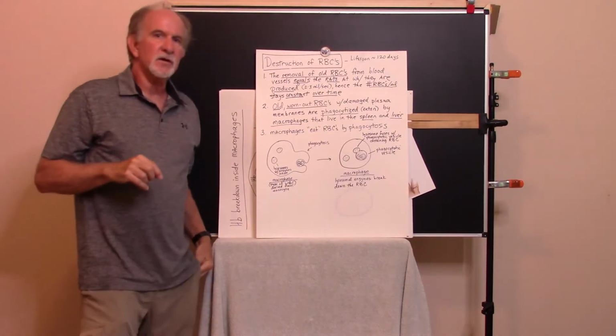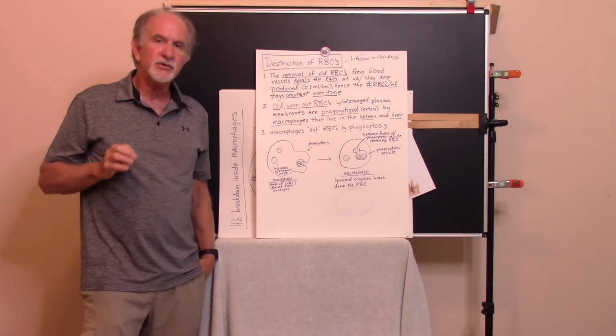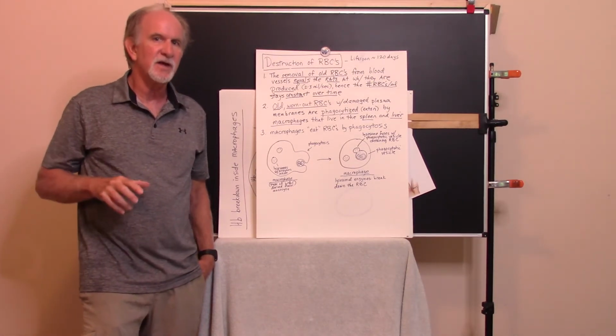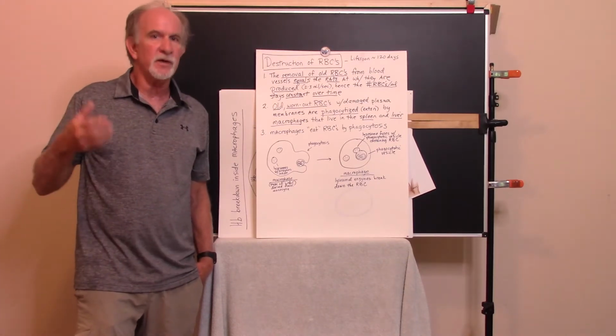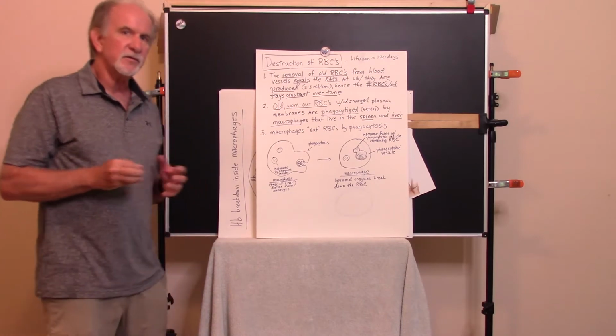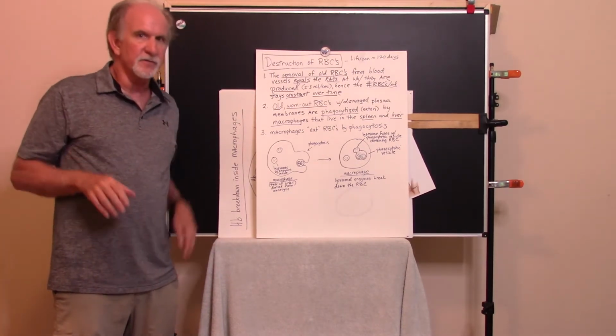Red blood cells are produced by hemopoiesis at the rate of around 2 to 3 million red blood cells every second. That's about 175 billion new red cells that are produced every single day. Yet the number of red cells stays constant.